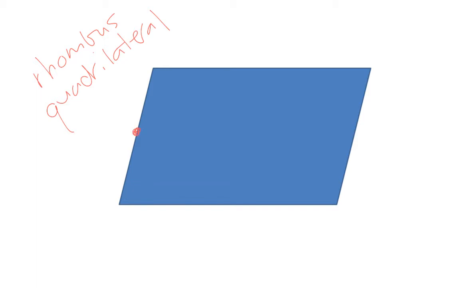That would be the midpoint of that side. That would be the midpoint of that side, and so on and so forth. What we're going to do now is connect these midpoints, and you should get a parallelogram, which means that side is parallel to this side, and this side is parallel to the opposite side.